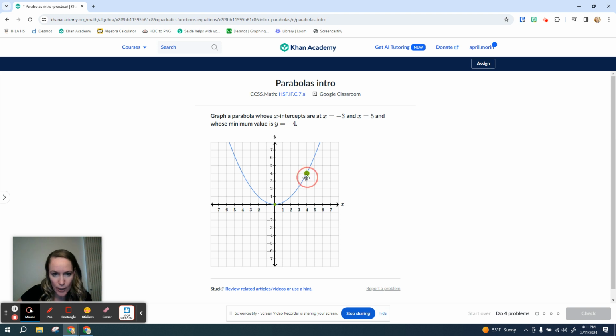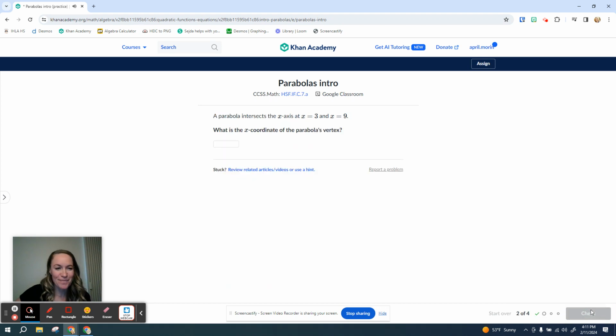Okay, so I'm just going to drag this to 5, and then this is going to have to be right there, right? So let's see, -4. So I've got the minimum value at y equals -4. I've got x equals 5 and x equals -3. So this is really visual, really easy, super, super easy. So I hope they're all like this.